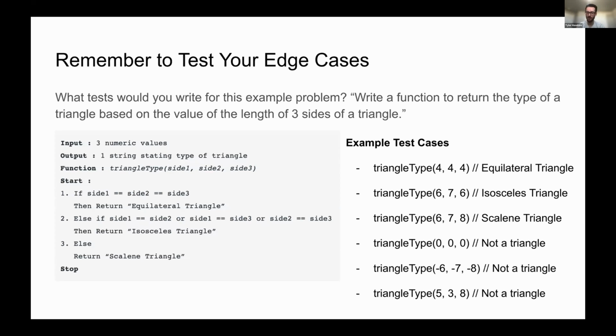And then even a more fun one, what if you provided the values 5, 3, and 8? Those are all positive numbers, but if you were to try to construct that triangle, what you'd end up with is actually a line. Those lengths aren't different enough, right? It would just fold in on itself and create a line.